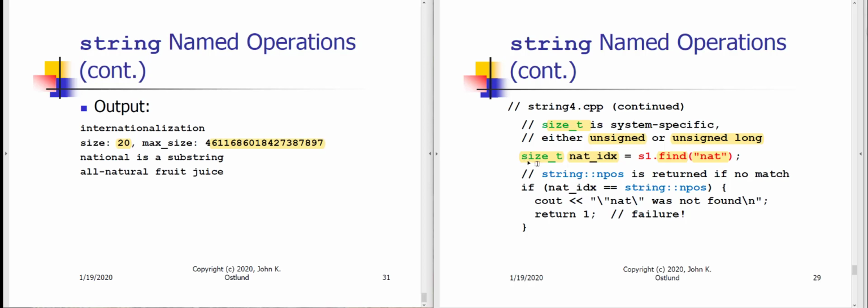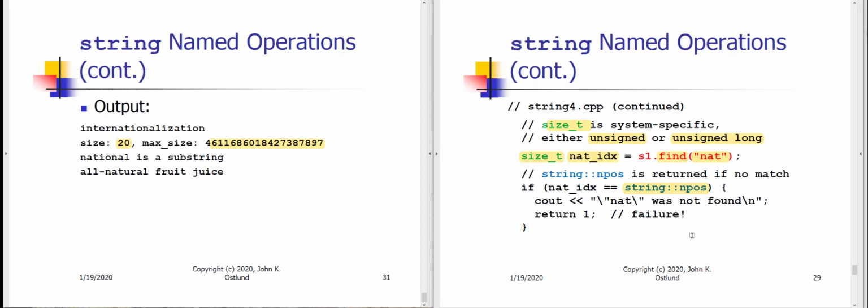Okay, so the documentation tells us that the index we get back from find is of type size_t, so we declare it that way. And furthermore, the library tells us that this magical chunk of notation, string::npos, is the value that we will get back from the find member function if there is no match.